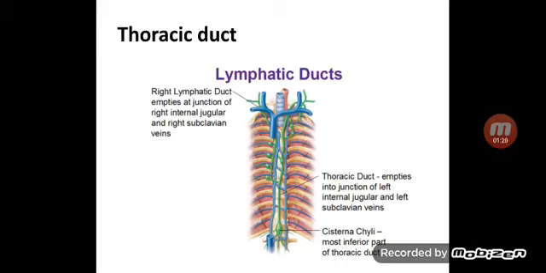So you remember that the thoracic duct ascends with the aorta. It ascends through the aortic opening in the diaphragm to enter the thorax. It is on the right side of the descending thoracic aorta.